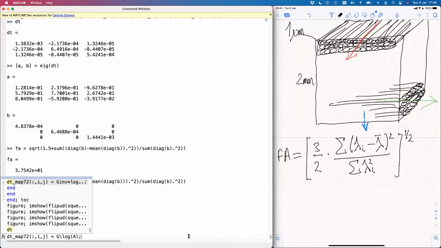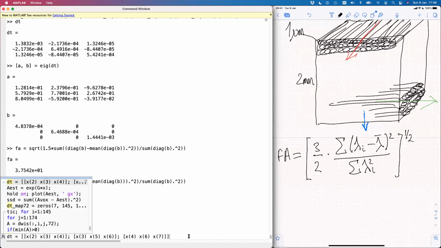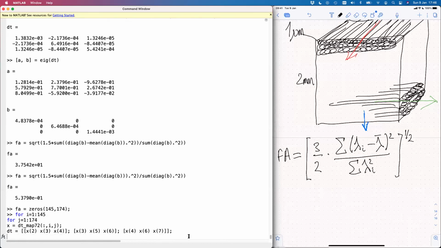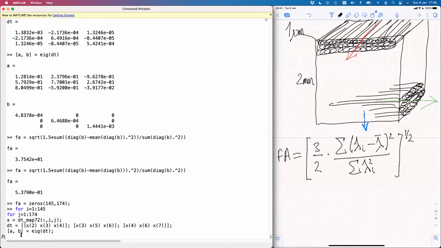Where was it? This one. So we'll construct the diffusion tensor from X, and then we can use these various commands I wrote up above for computing the fractional anisotropy. So we'll compute the eigensystem, and then we'll work the anisotropy out and put it into the corresponding position of the FA array.